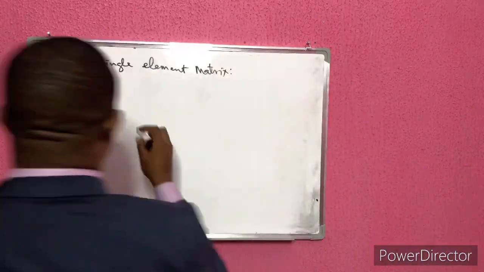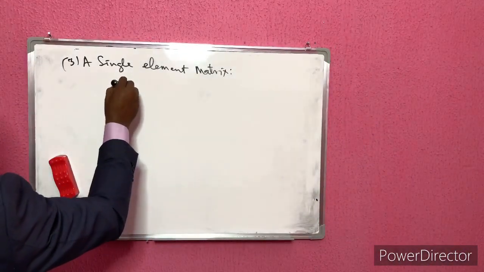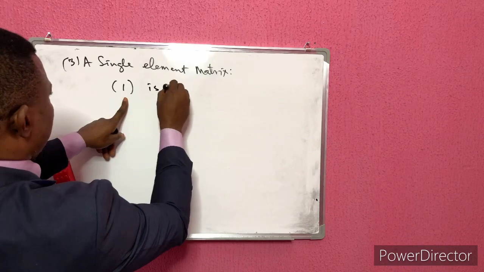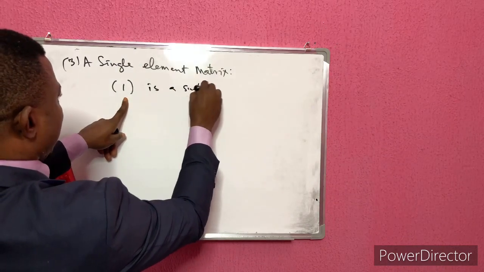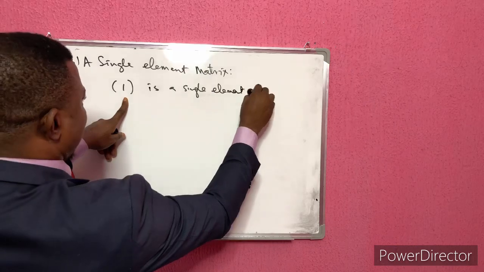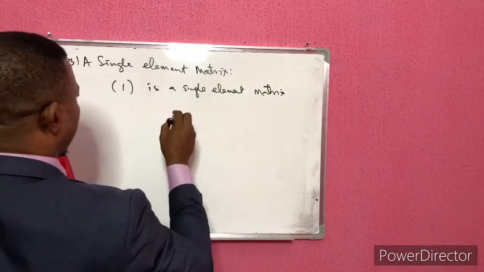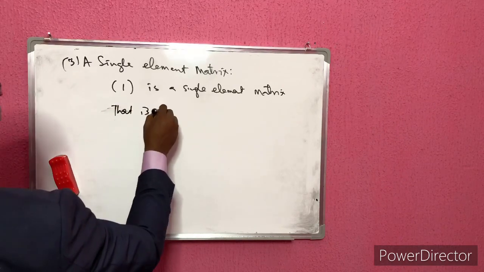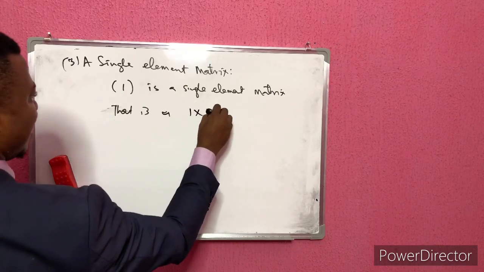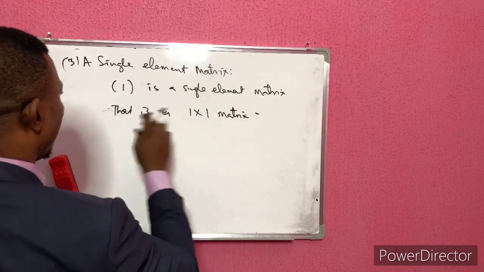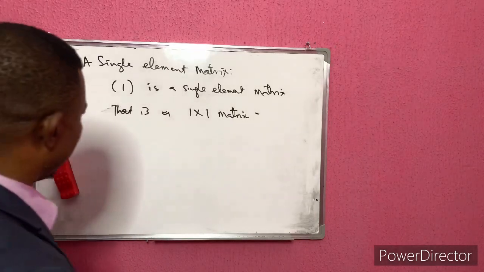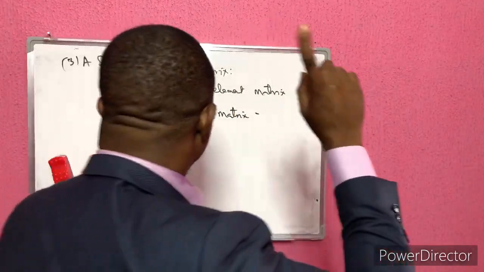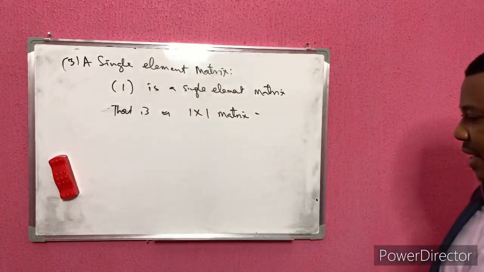For example, let's say 1 in the bracket is a single element matrix. That is a 1 by 1 matrix. Single element, 1 by 1 matrix.